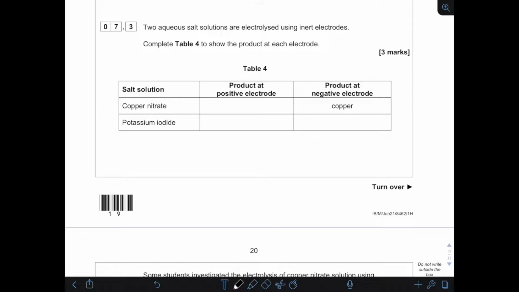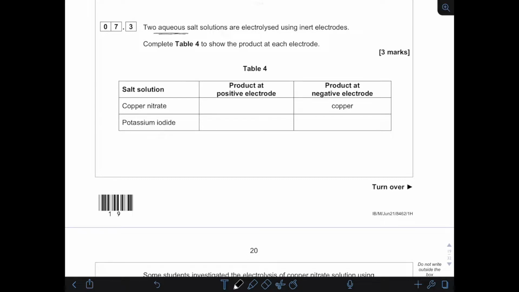So for question 7.3, you have to complete this table of electrolysis, and you have 2 salts, and note they're in aqueous phase, which means that water is present.